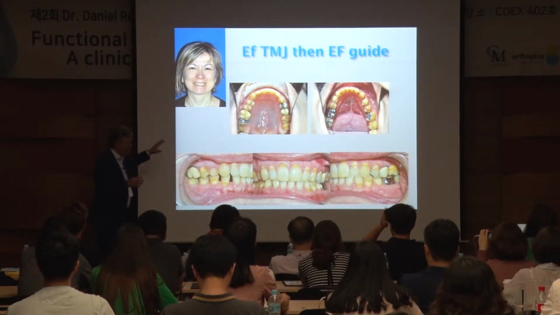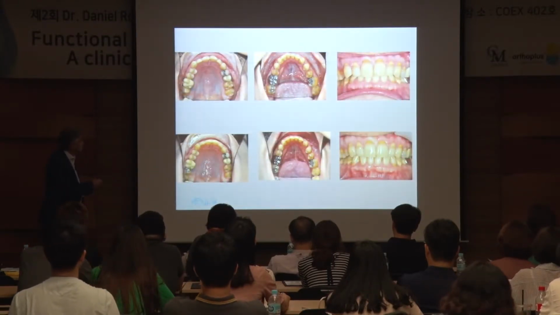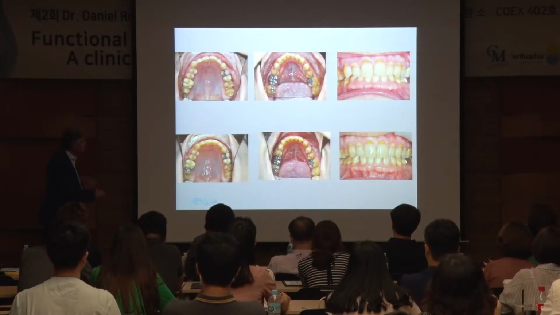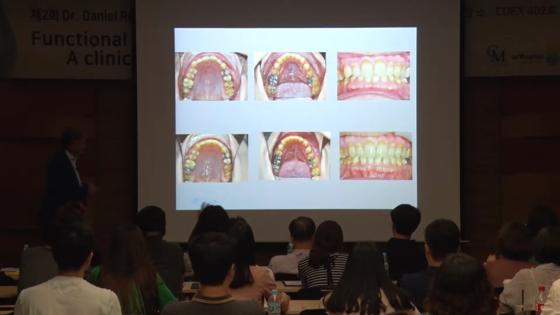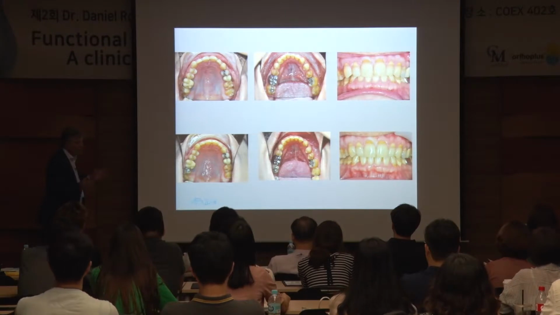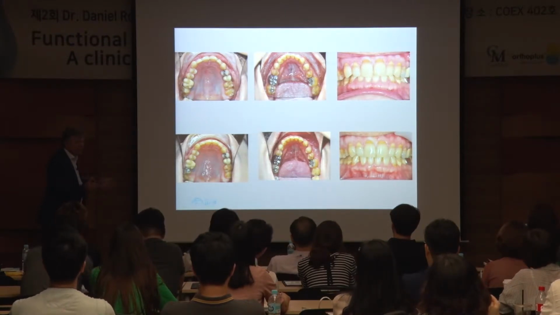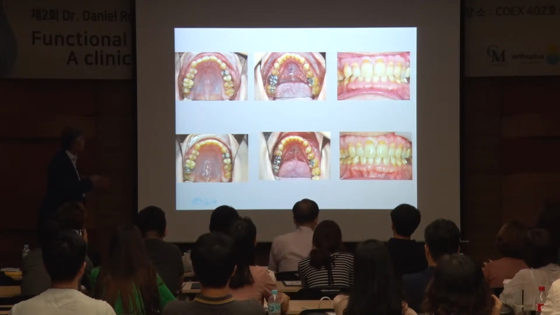She said she will wait because she doesn't want to create more trouble in her mouth. With EFTMJ and the EF guide the joint form improved and the pain fully resolved. So she chose to do nothing further about the tipped 7 and 8. And see how we changed: just with a soft appliance, we changed the arch form.